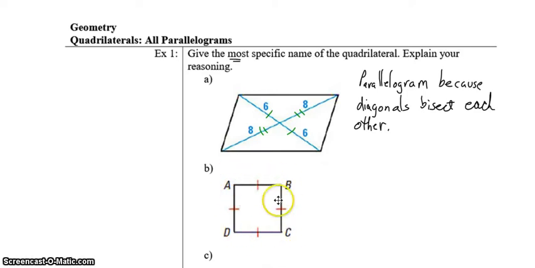We can't say that they are because maybe they're 88 degrees and 92 degrees. We wouldn't be able to tell. So the best we could say is that it's a rhombus because all four sides are congruent.